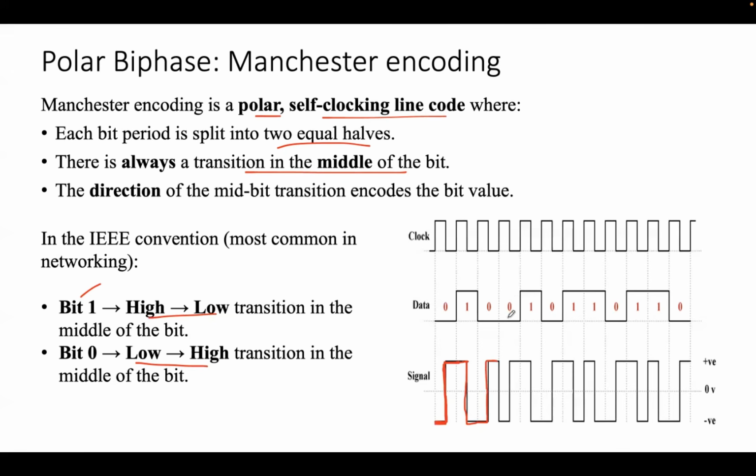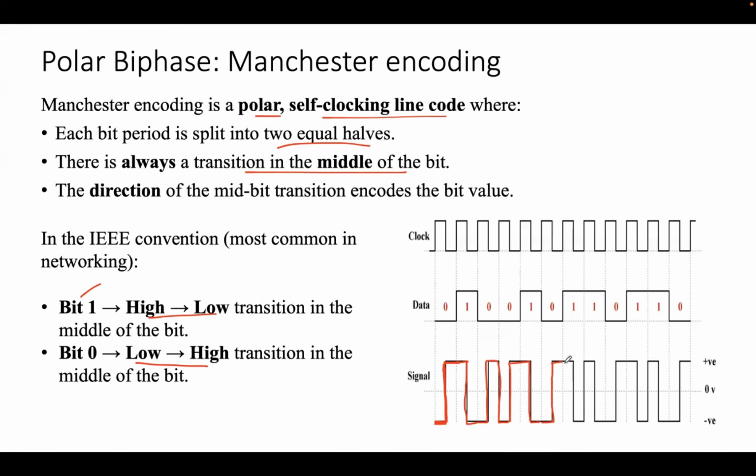Then again 0. So 0 means it should be low. So you will find low to high. And for 1 means high to low. If it is 0, low to high.